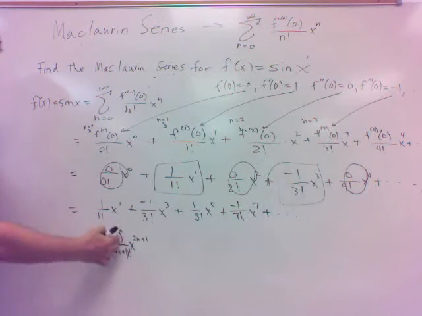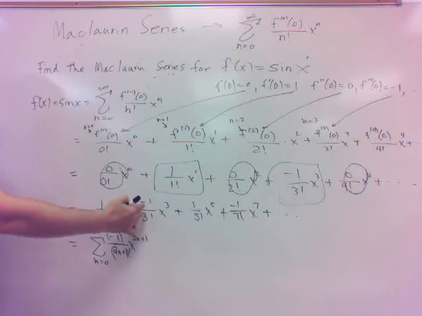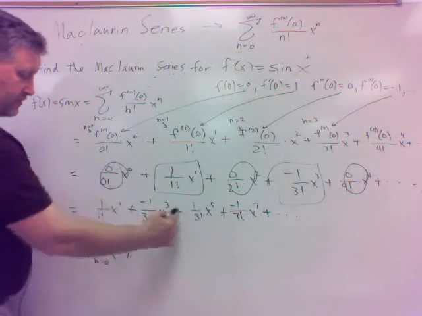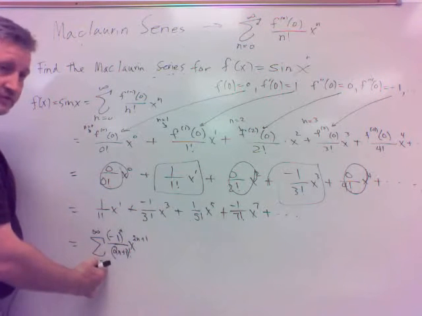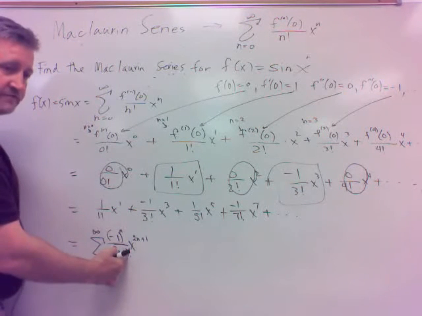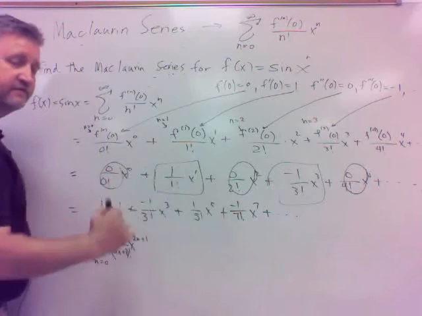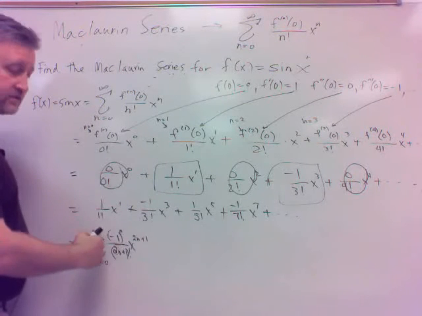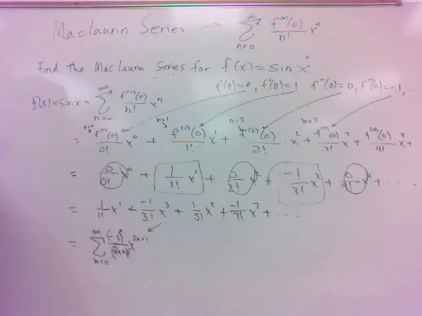And then that would be negative 1 to the 1, which is negative 1. Then the third term would be n equals 2, which would be 2 times 2 plus 1, which is 5 factorial, x to the 5, positive. So this does it. So if you got some terms zeroed out, then you'll have to do something like that to that effect.